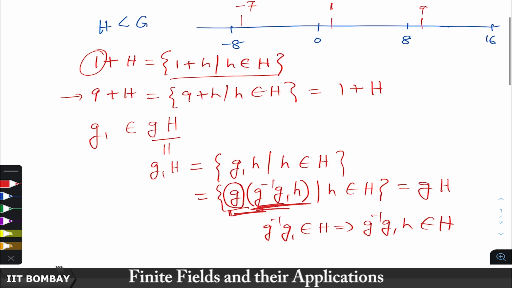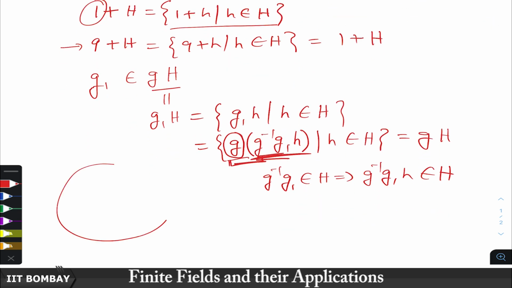So, if you have a group and a subgroup H, and you take its cosets, let us say this is gH, then you can take any element here, and you can take any other element also, and call it g1 H if you want. Any element can be taken as the representative of that coset, and we can say that coset is the coset of that element.